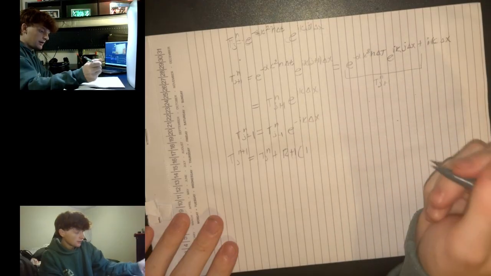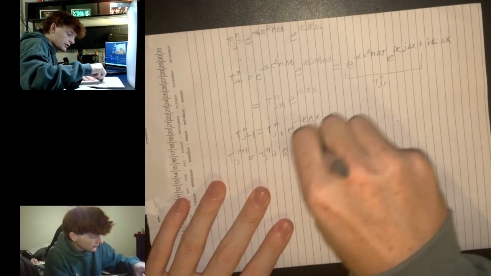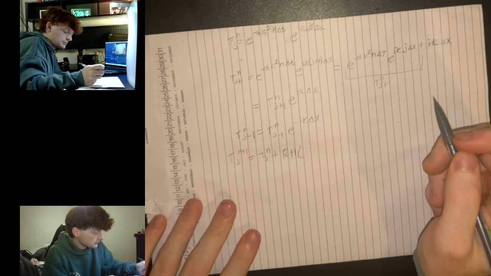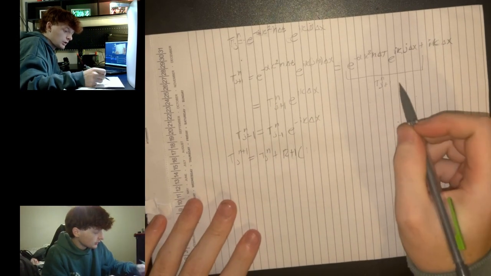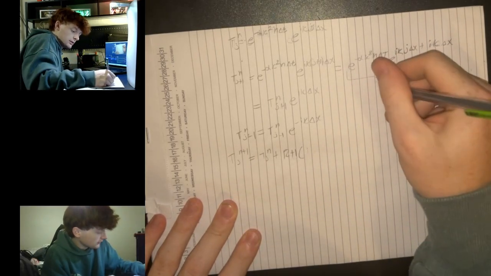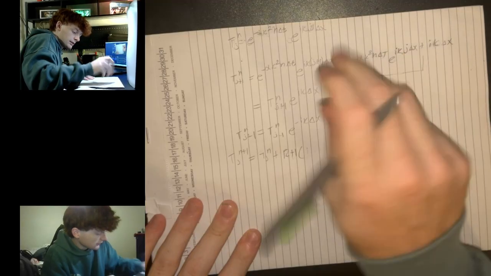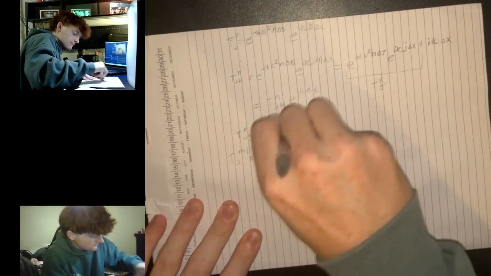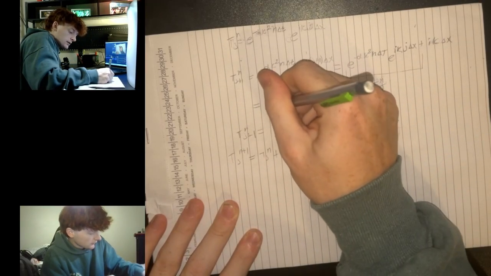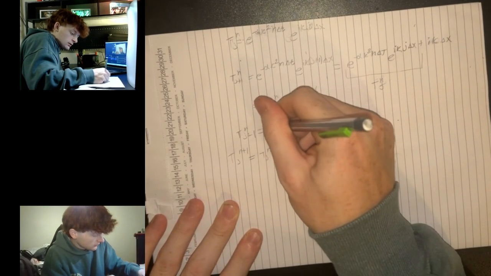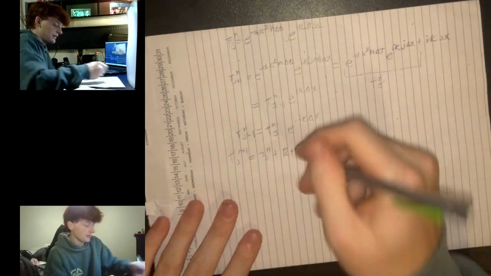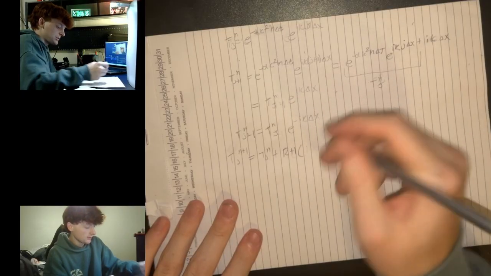Actually, this should not be T_n. This should be our T_j for both of these. Okay, so these are our T_j's.